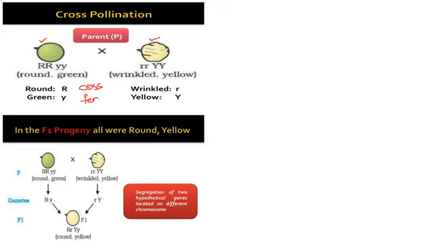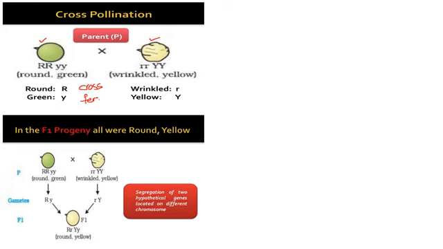Here he took one plant having the round and green characters, and the other plant which has wrinkle and yellow characters, right? So the parents have these two characters. As we know that while forming the gametes, these characters separately enter into the gametes, right?